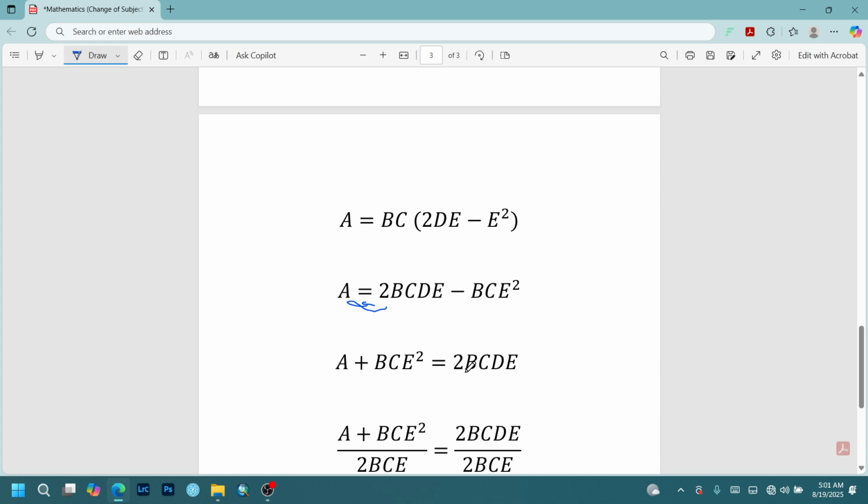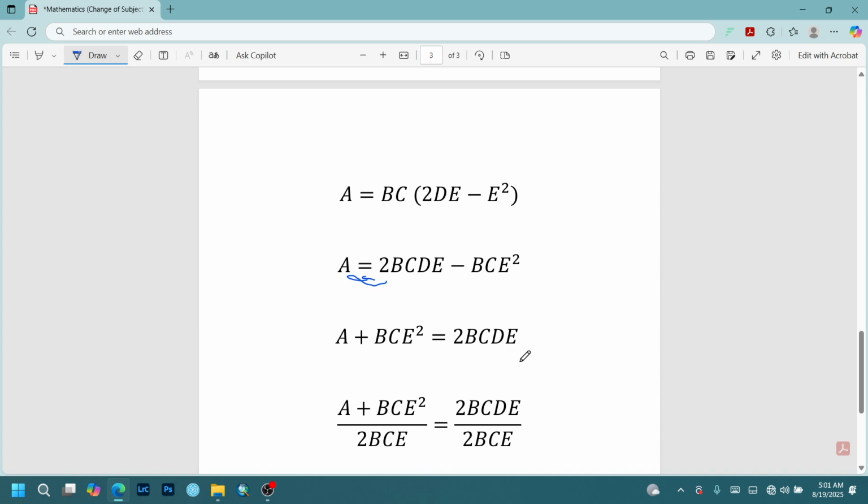So in doing so, we have to cancel it out, right, with the entire variable equation, which is 2bcd. So in canceling out, what you do for the right hand side, you do same for the left hand side, okay? So we are going to have 2bcd cancelled out with 2bce, right?